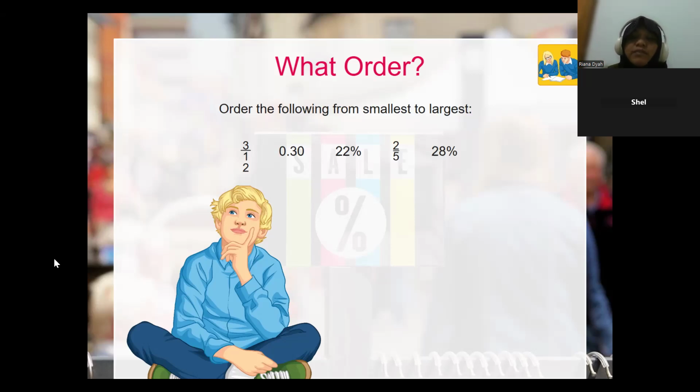If you want percent, change them all to percent. If you want decimal, change them all to decimal. Okay, so now which type do you want to use? Fraction, decimal, or percent?